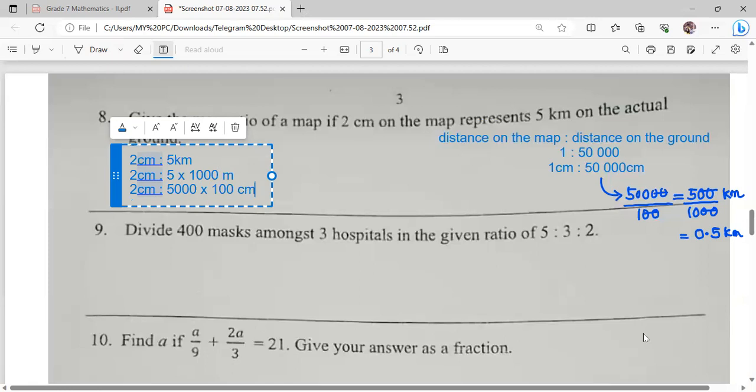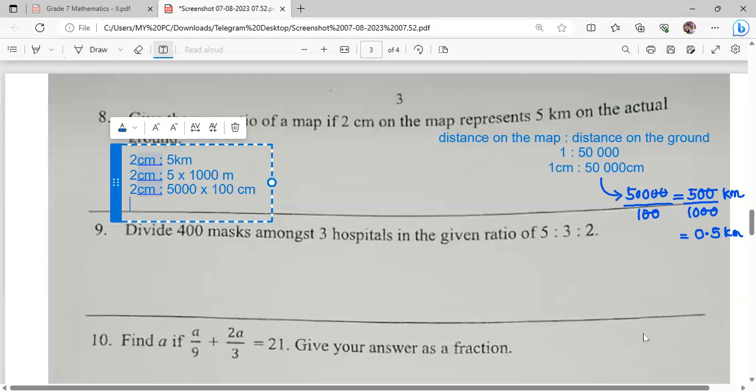Even though we are not practically measuring things on the ground in centimeters, when you represent the map ratio, we want to give the details in centimeters. So the 2 centimeter to 5 kilometers, that 5 kilometers I converted to meters by multiplying by 1000, which gave me 5,000 meters. Then the 5,000 meters I multiply by 100 to get the centimeter value.